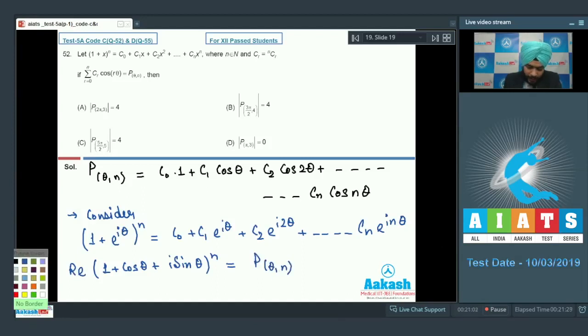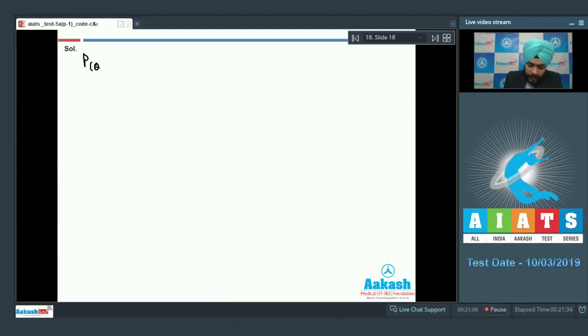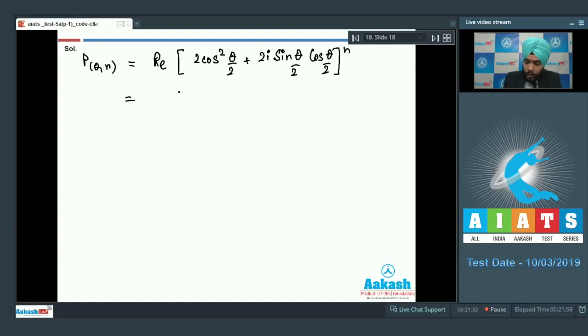So what is P(θ, n) ultimately? P(θ, n) is the real part of (1 + 2cos²(θ/2) - 1 + 2i sin(θ/2) cos(θ/2))^n. So this is 2cos(θ/2) common.